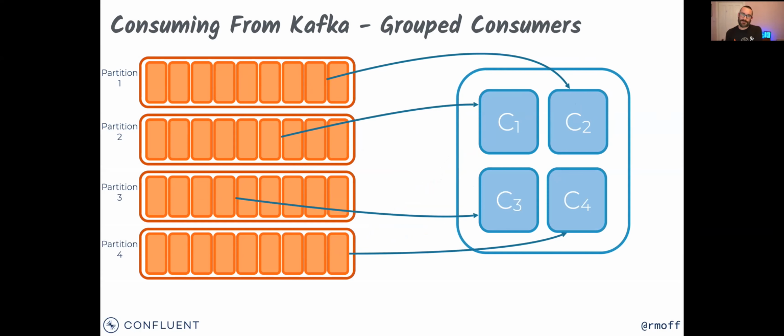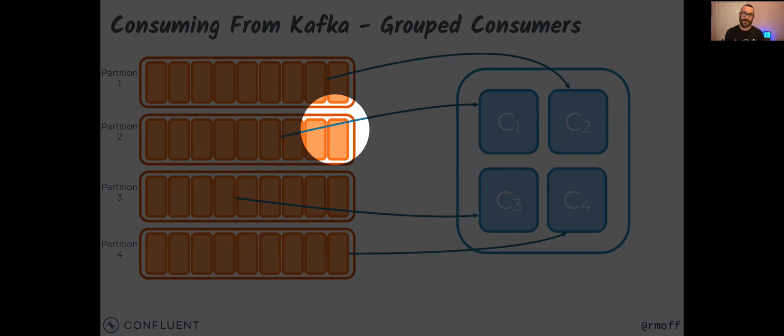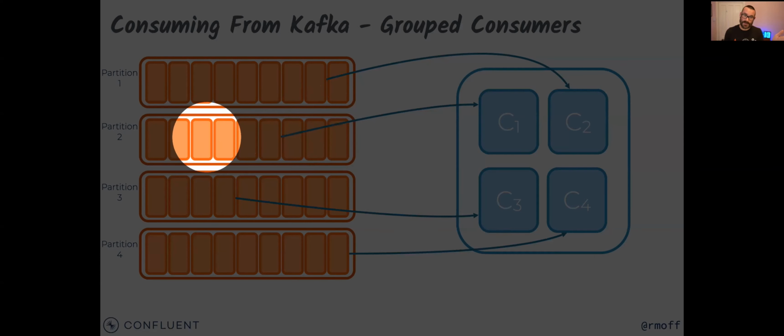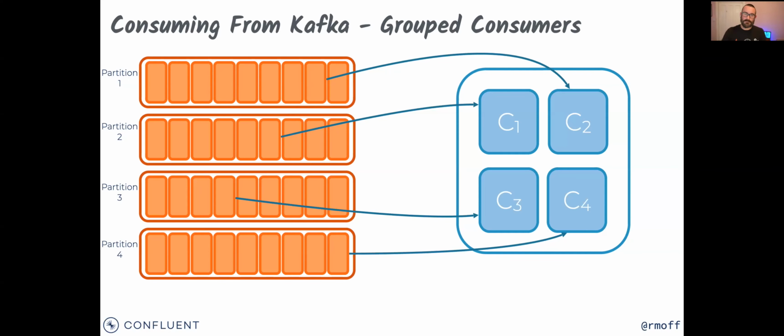So this is where it comes back to the keys we use for our data, because if we have C1 over here, reading all of the data from this particular partition, it's going to need to know about the order. In a particular instance, it may need to know about the orders in that particular partition, in the same instance of an order. So we need to make sure that they're going to end up in that same partition. It may be it doesn't matter, in which case you can pay less attention to it, but that's how it works if you're going to scale out your process in that way.